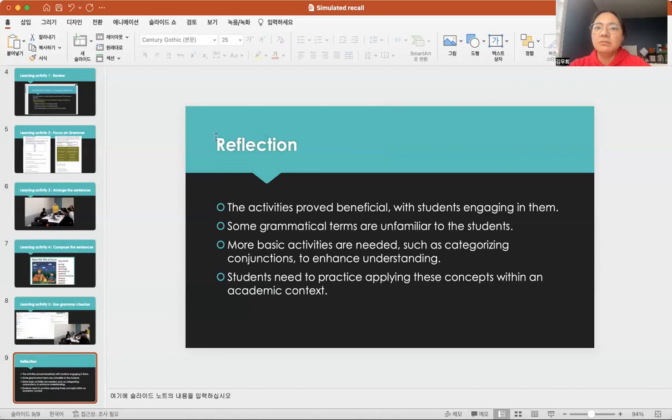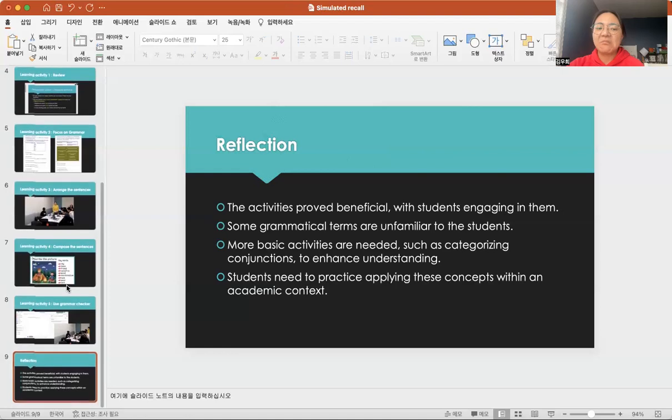So students may think about their future job, compose the sentences by themselves, and check their sentences with the grammar checker, so that they can self-check their sentence error patterns.